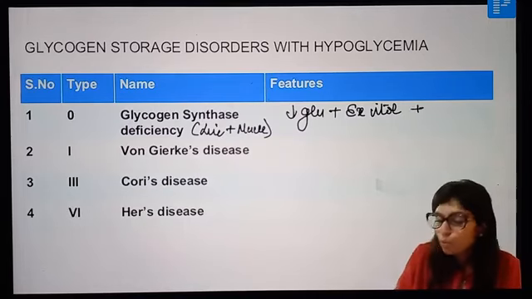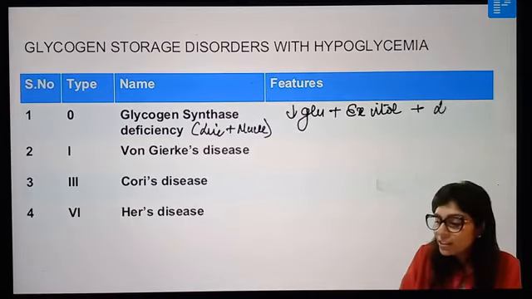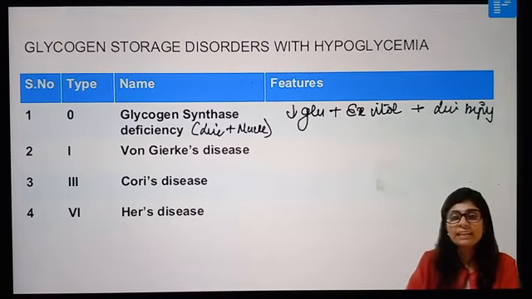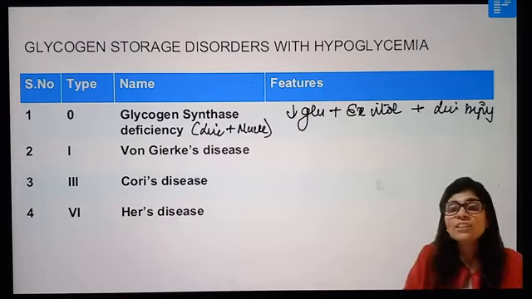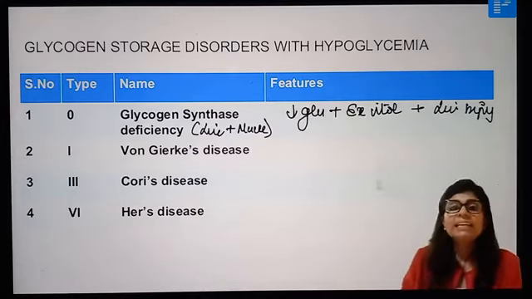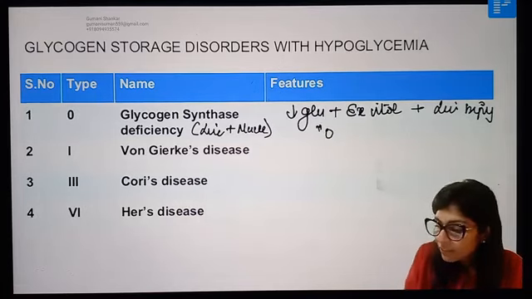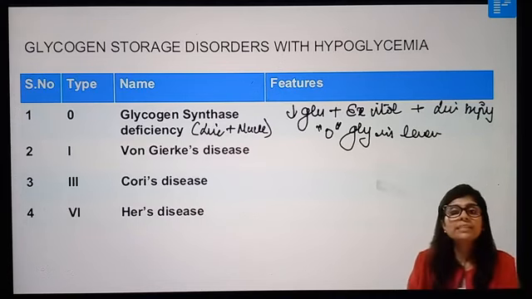Whenever you see a child presenting with both, you ask for liver biopsy. In glycogen synthase deficiency, liver biopsy reveals zero glycogen in the liver. That is why it is type 0.